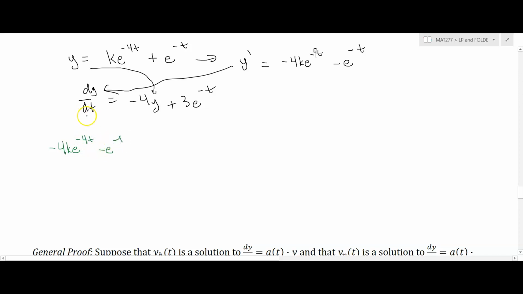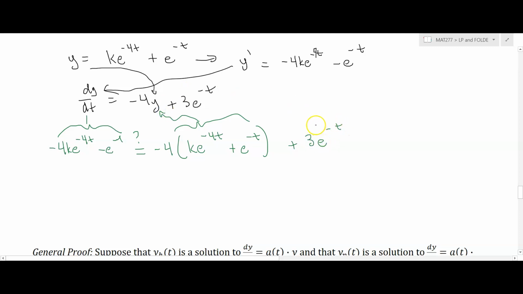So I've just replaced dy dt with the derivative of y. Now I want to check, is that equal to negative 4 times the y function, which is k e to the negative 4t plus e to the negative t, and then add on the end of it plus 3e to the negative t.